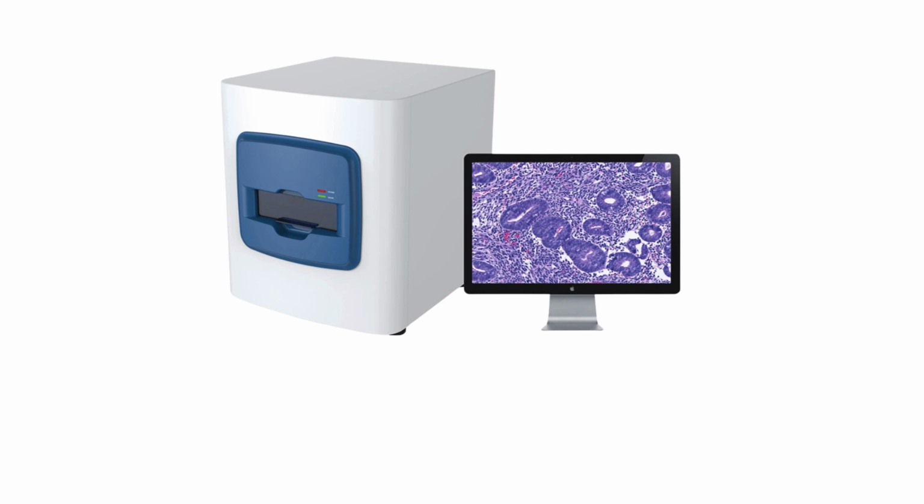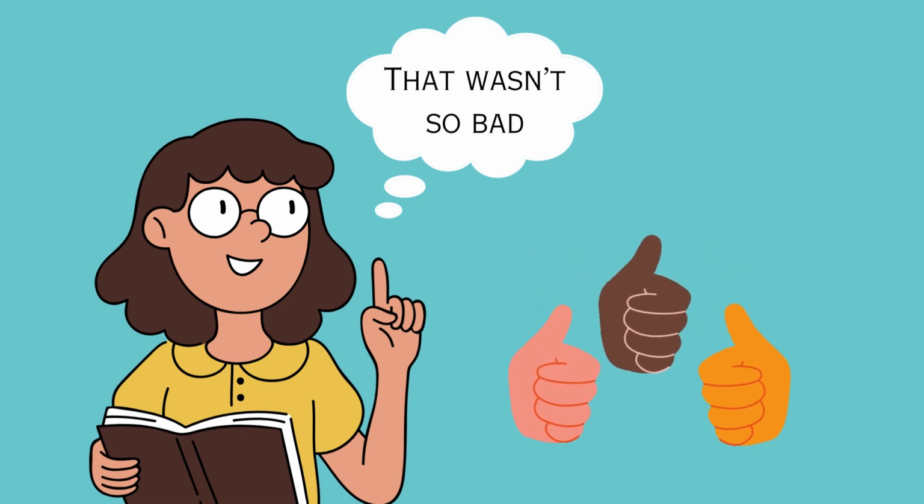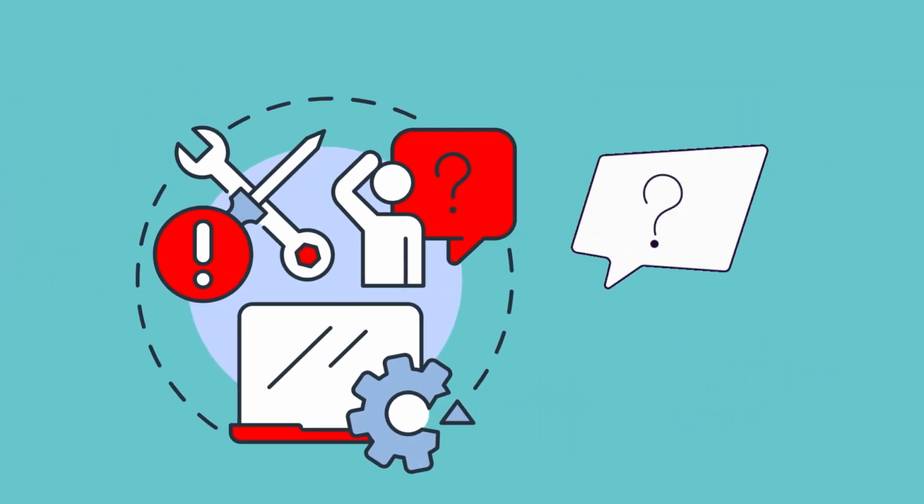Digital imaging adds another step to this process by using high-throughput scanners to scan the pathology glass slide and convert it into an image that can be viewed on monitors instead of under the microscope, as is traditionally done for the glass slide. That sounds simple enough, but are there any drawbacks to using digital imaging?